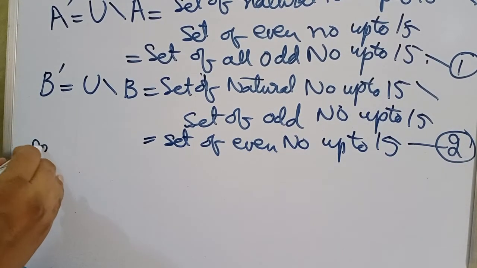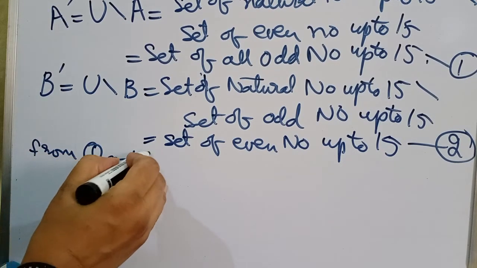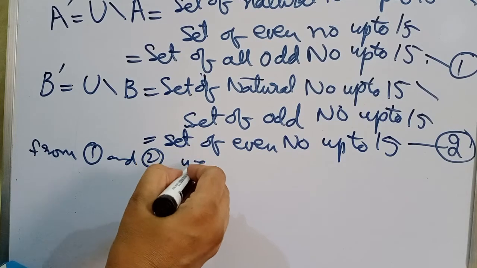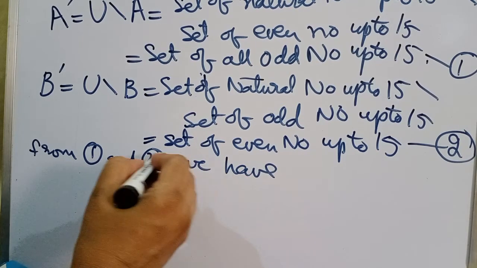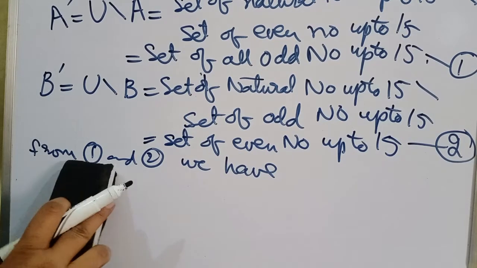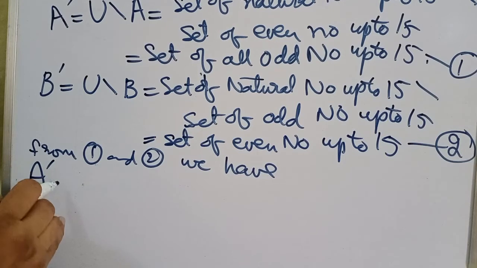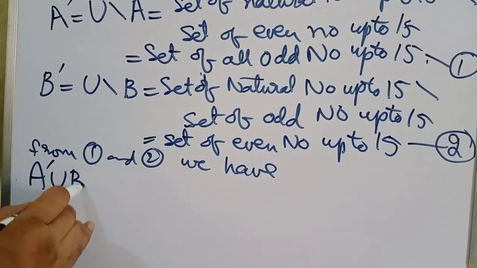From equation 1 and 2 we have A complement union B complement.